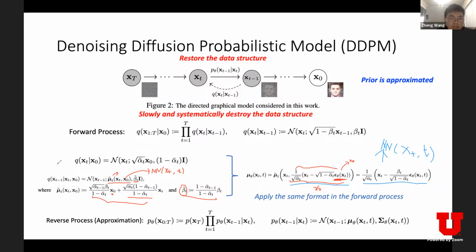They just want to utilize the marginal conditional distribution and the conditional distribution in the reverse process. This can give some good formulation of the loss function, which you can see in the next slide. In addition to that, what's the other benefit? I mean, they want to leverage this structure, right?